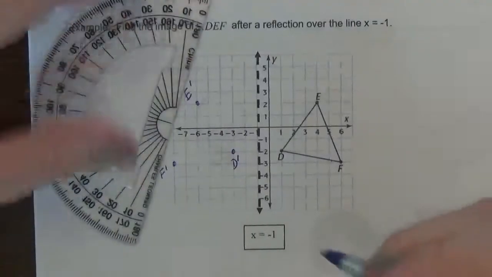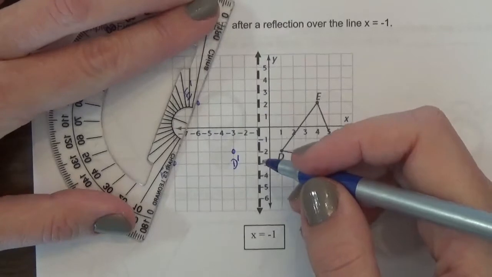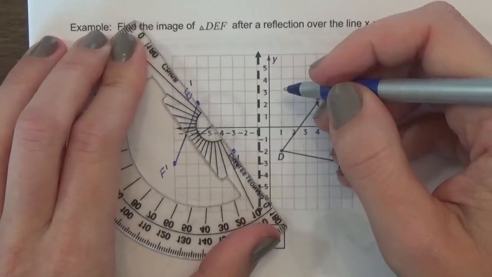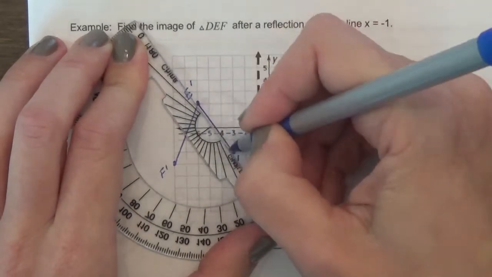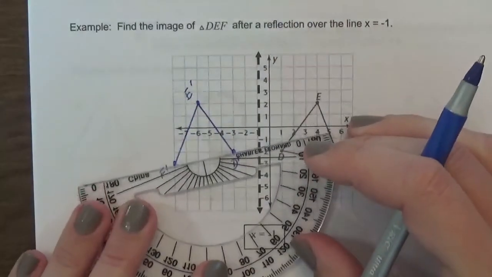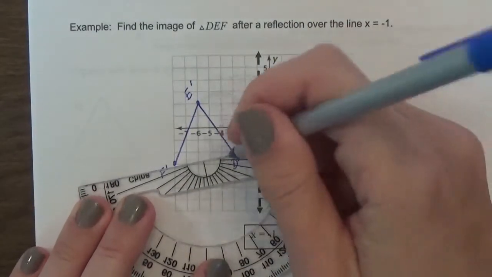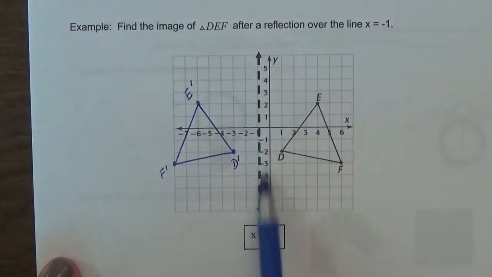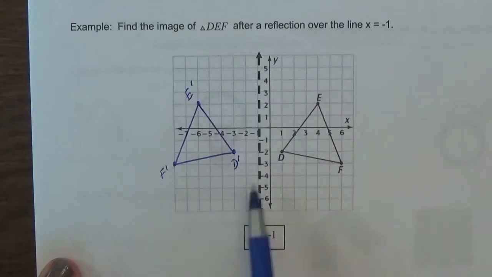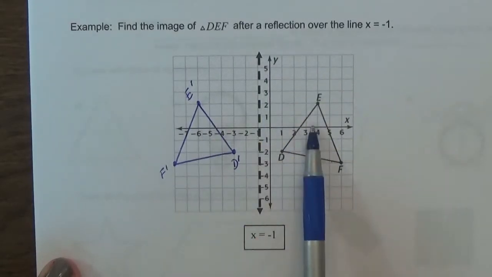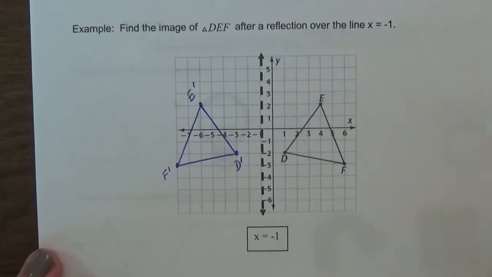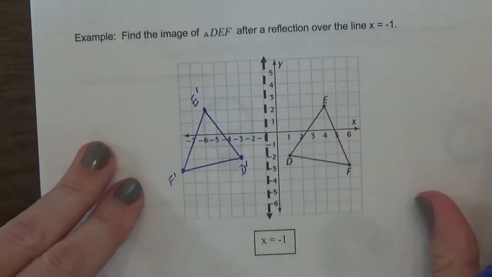All right, let's connect it and we should get a triangle that looks like the mirror image of the original. And it looks like we do. So we're good to go and it should be equal distance from your line of reflection. Don't get caught doing it over one of the axes every time. You have to read which is your line of reflection.